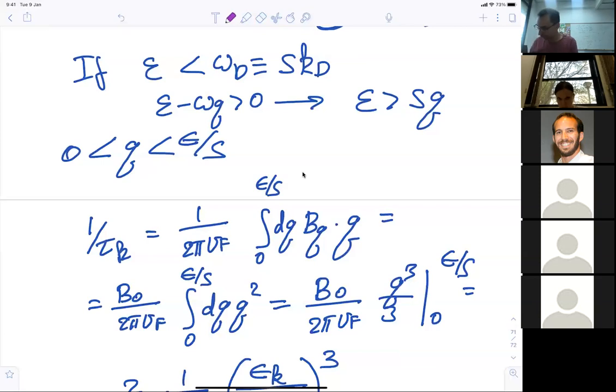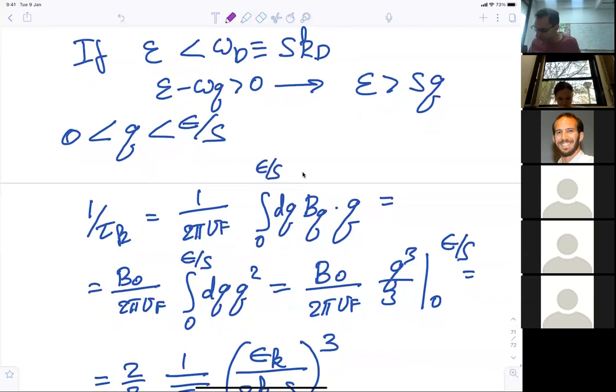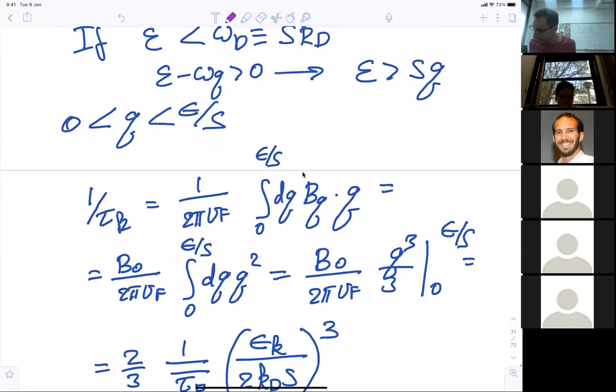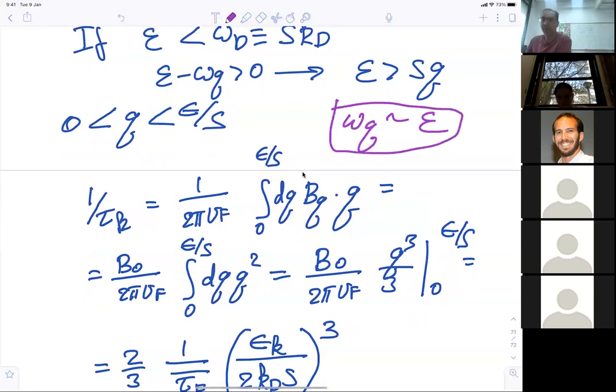So Q was, no, I think the energy change of omega Q was essentially of the order of energy, huh? That was the condition for omega Q. So I think the energy has changed by an order of magnitude.